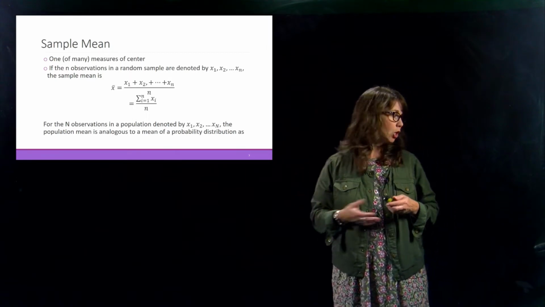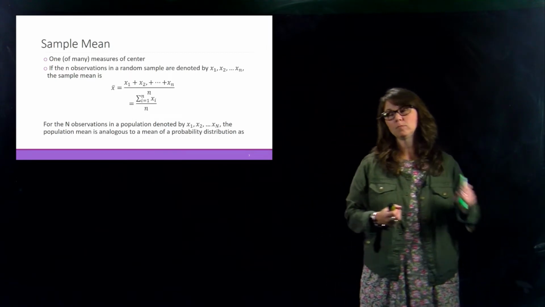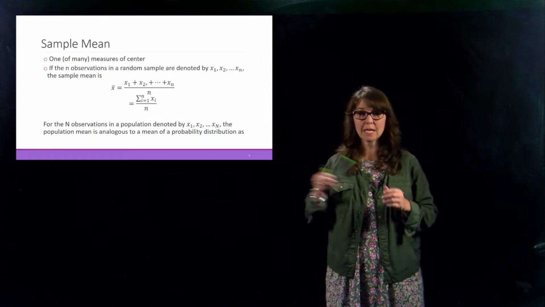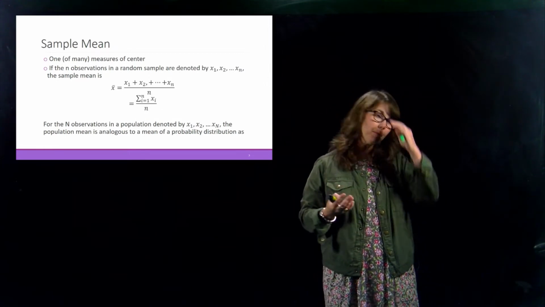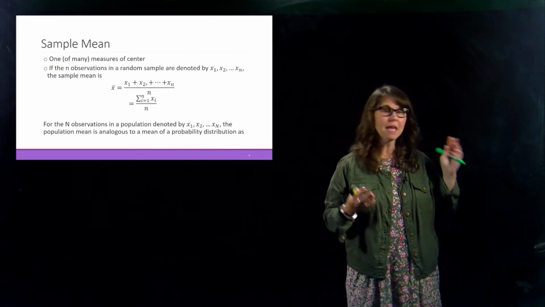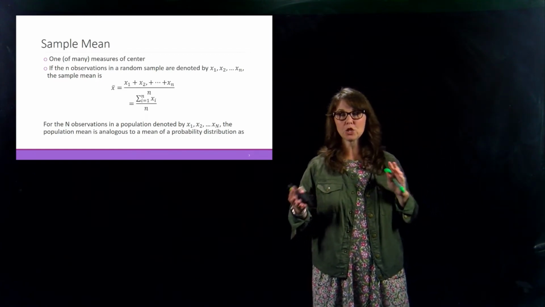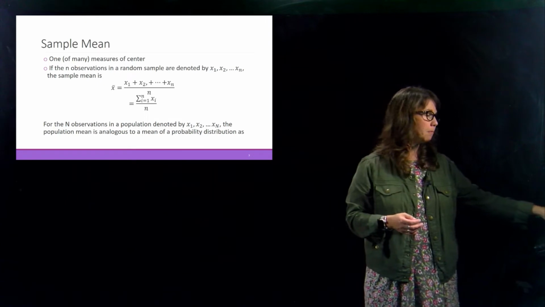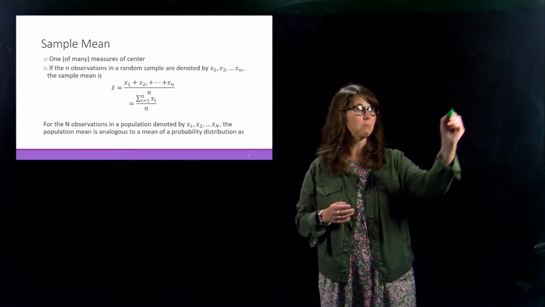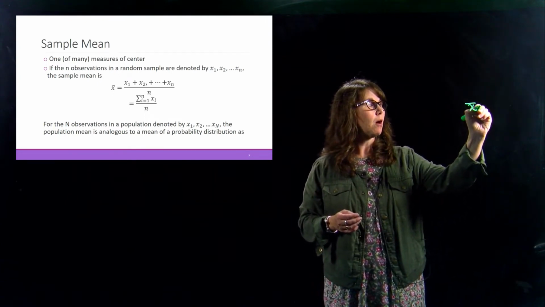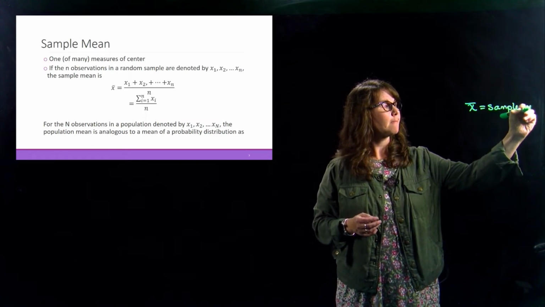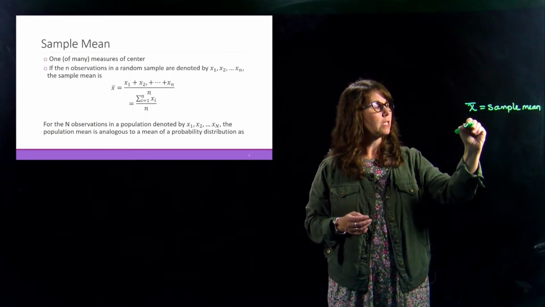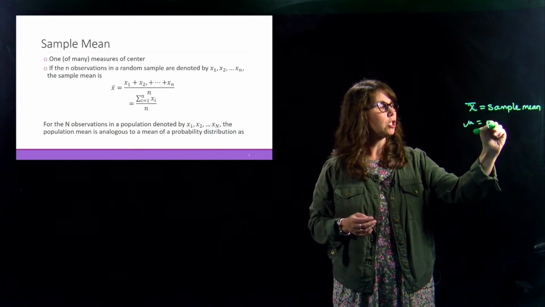And if we're looking at, say, a population, then that actually changes a little bit. Terminology changes a little bit with sample mean versus population mean. So first of all, x bar is our sample mean. And as you've seen, mu is our population mean.